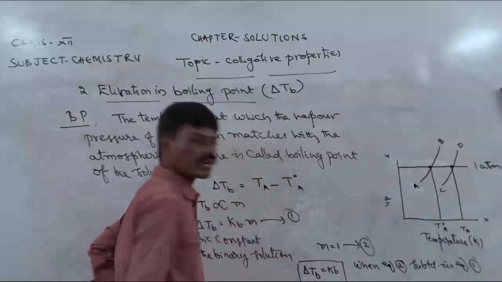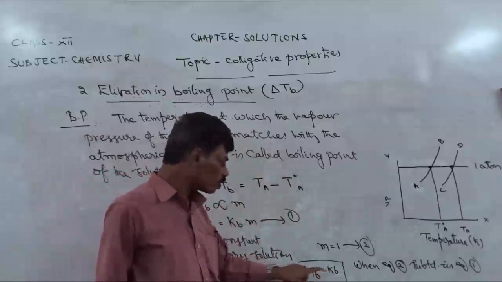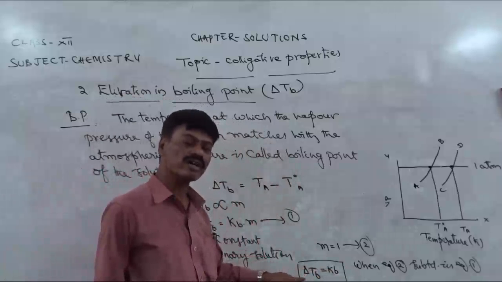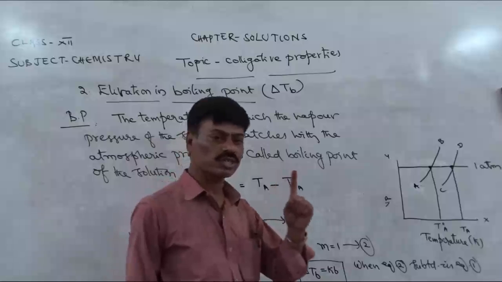So Kb is cryoscopic constant. So cryoscopic constant is equal to elevation in boiling point when molality of the binary solution is equal to unity.